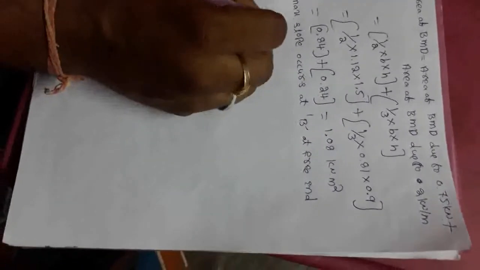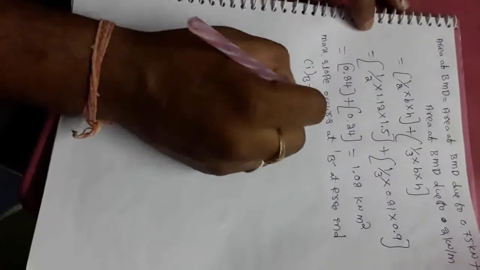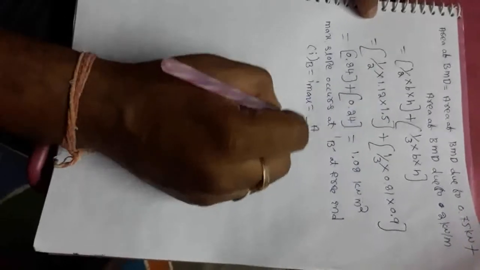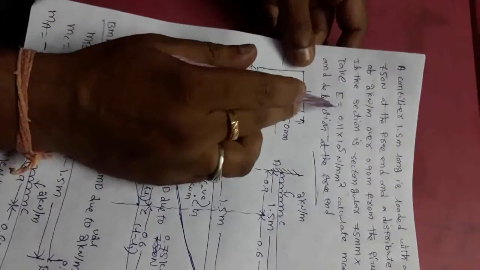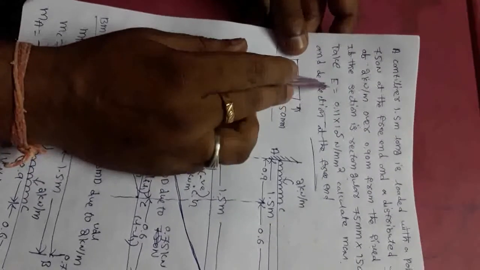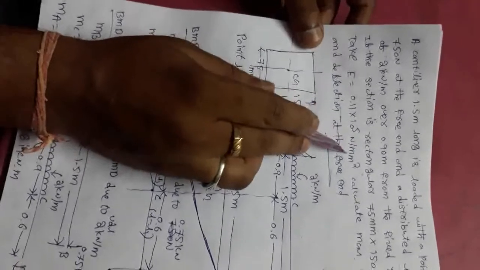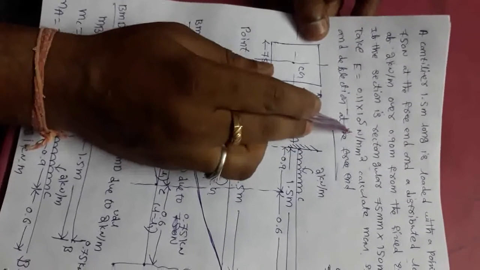It is denoted by theta at B, also called theta maximum. From the Mohr's theorem 1, the formula is A by EI. But in the question, Young's modulus E is given in kilonewton per mm square, but there is no value of I.